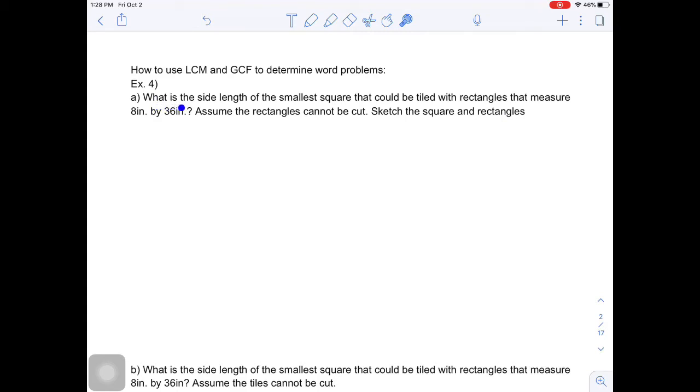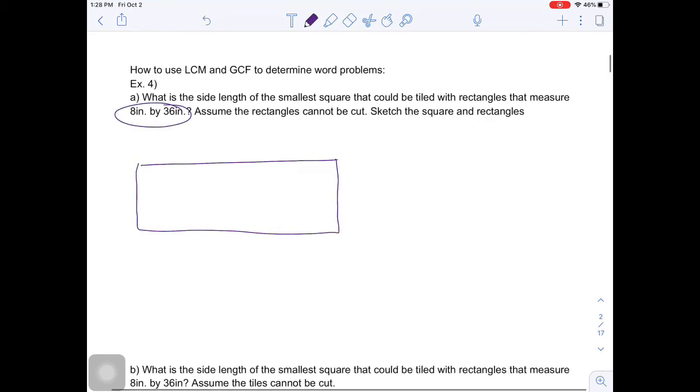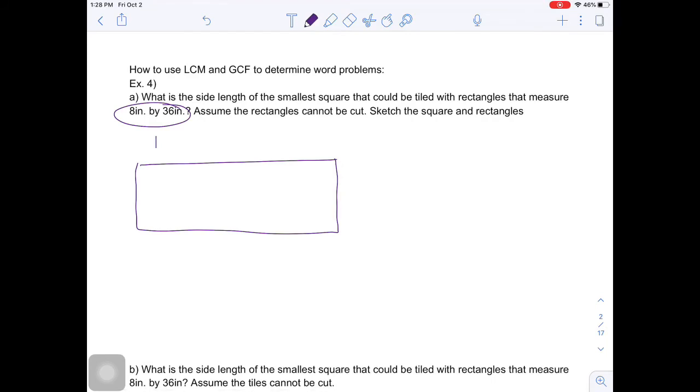Okay, so what is this question asking? And let's kind of try and imagine it. What is the side length of the smallest square that could be tiled with rectangles that measure? Okay, so here we have some rectangle, and what we're trying to do is we're getting tiles that are 8 inches by 36.